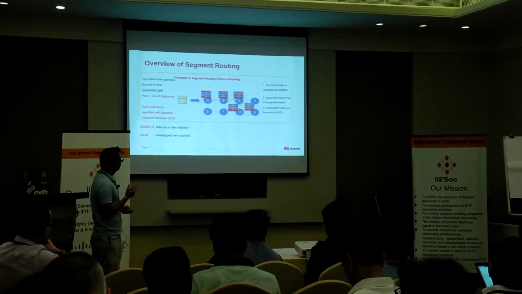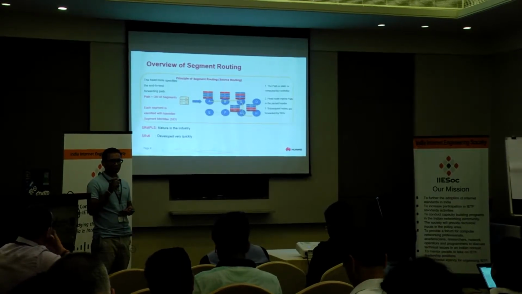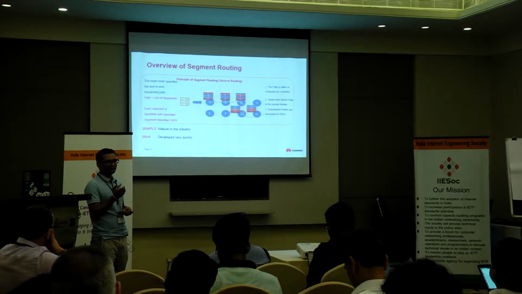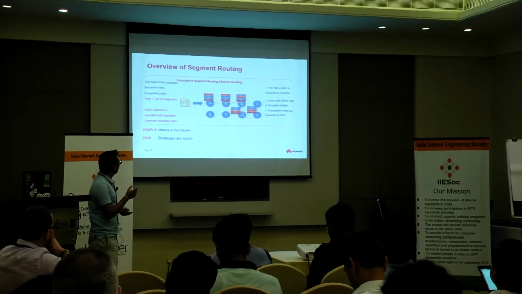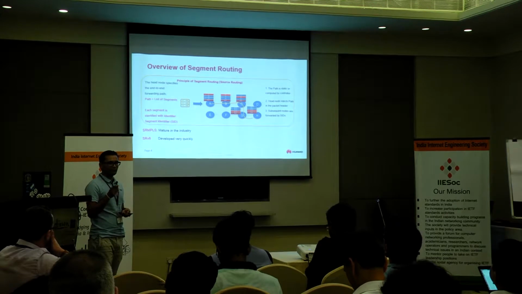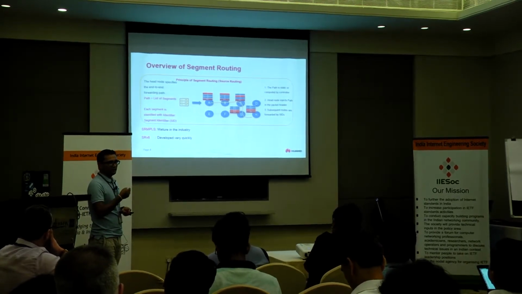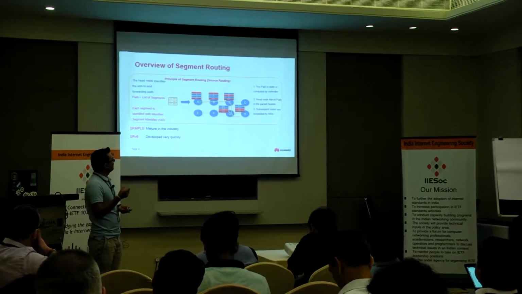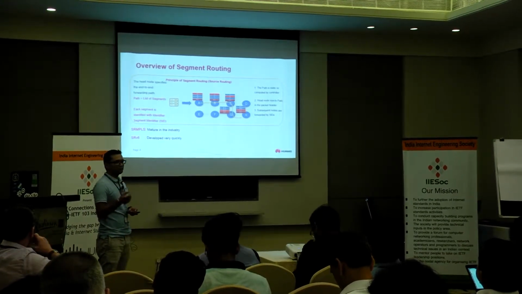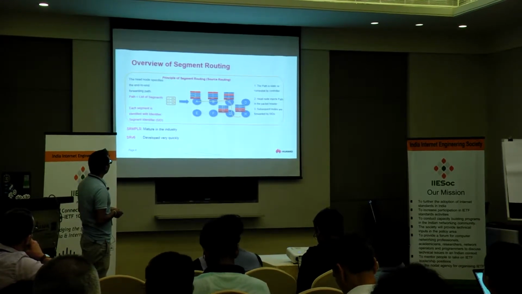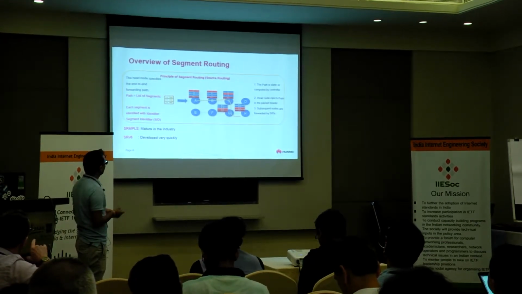First, the head node, the source node, decides how the packet is moving. There are certain instructions, or we call this a path, embedded in the packet, and the packet is pushed across the network. Those instructions are executed by the nodes in the network. In this example, the packet goes from A to H. H is the destination.